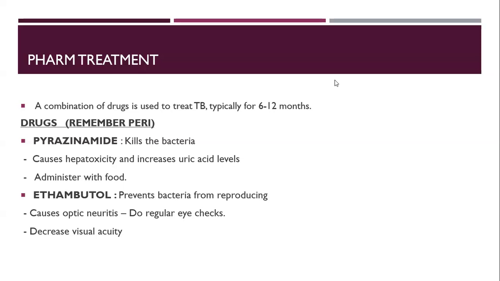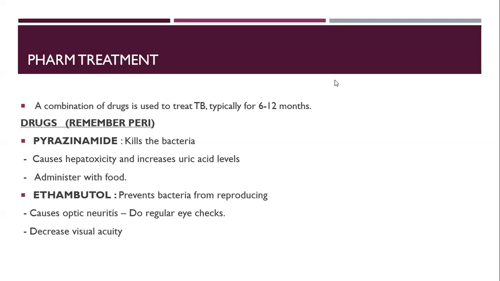What should you know for this drug? One, it causes optic neuritis, the inflammation of the nerves around the eye, your optic nerves. So it can cause blindness. So always do regular eye checks because it can damage the optic nerve. Then it can cause decreased visual acuity.